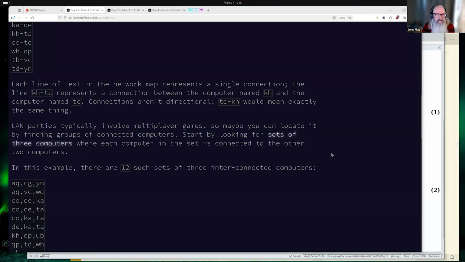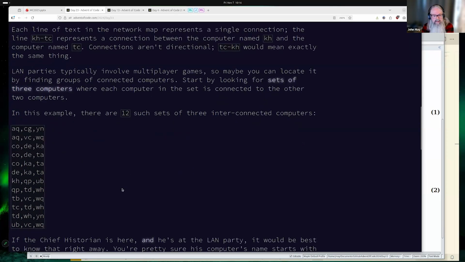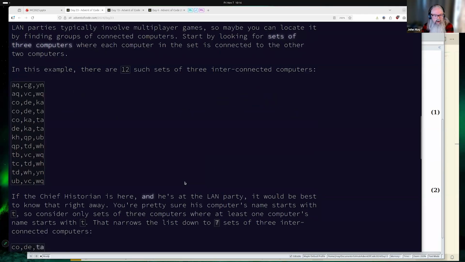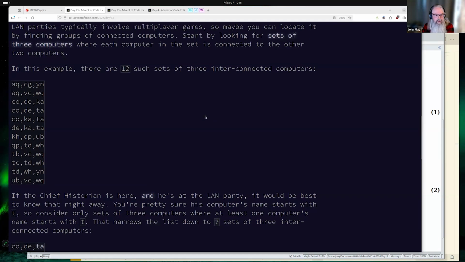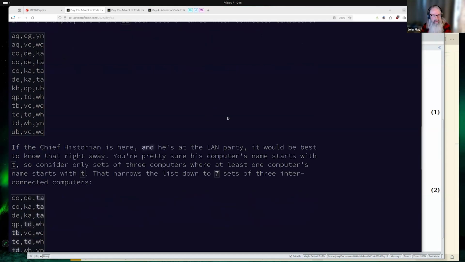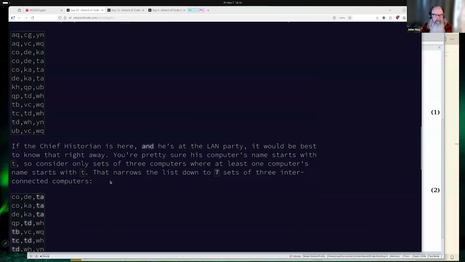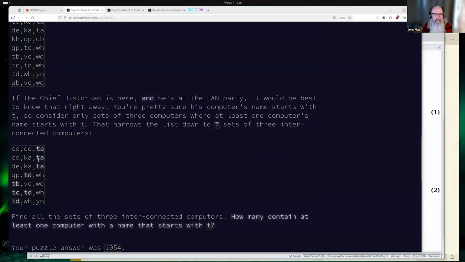If you look at the problem, you're looking for connections inside that graph. Part one is looking for all the 3-cliques inside the graph, where the name of at least one of the nodes starts with a T.